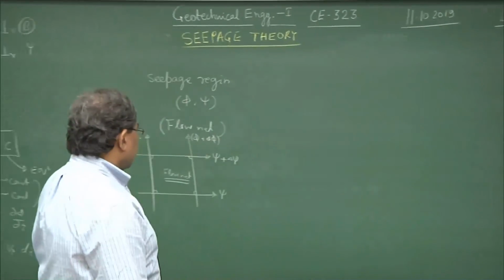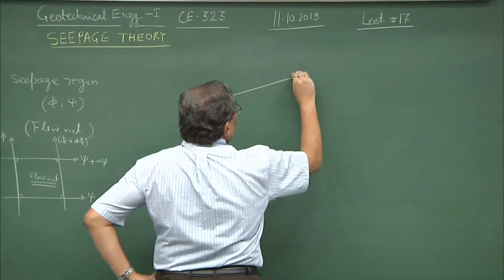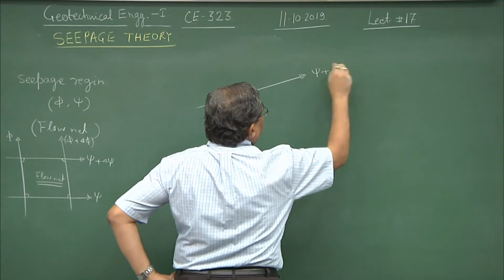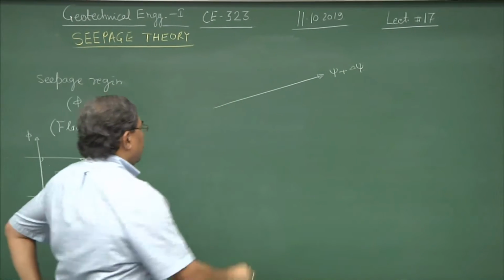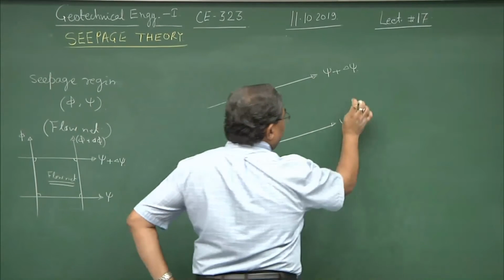Let us generalize this. Suppose this is psi plus delta psi, and there is another flow line which is depicted as psi.